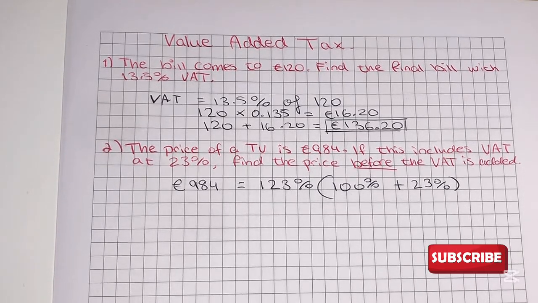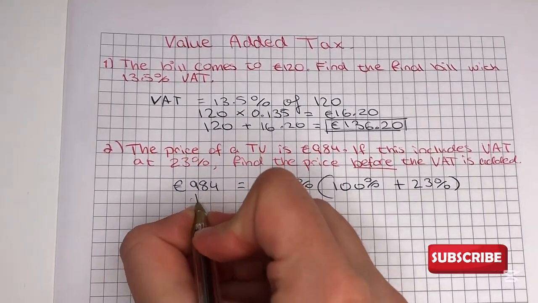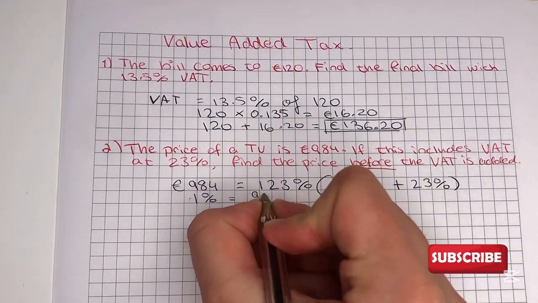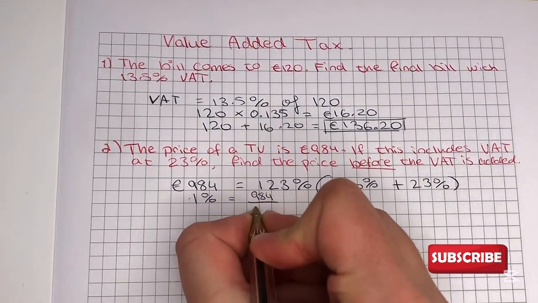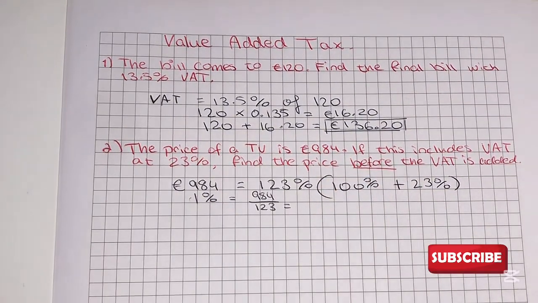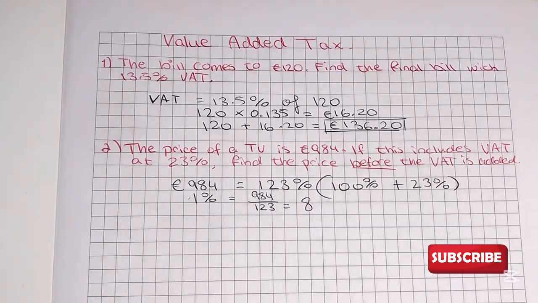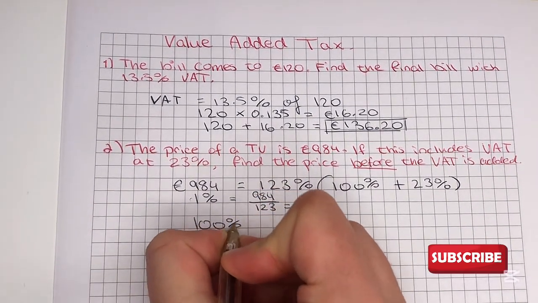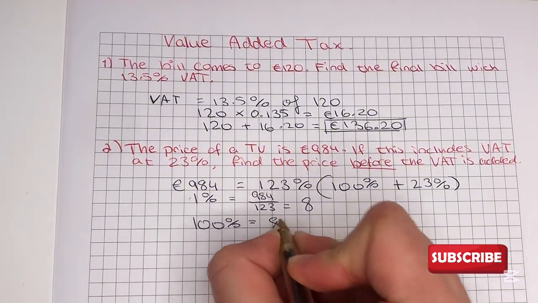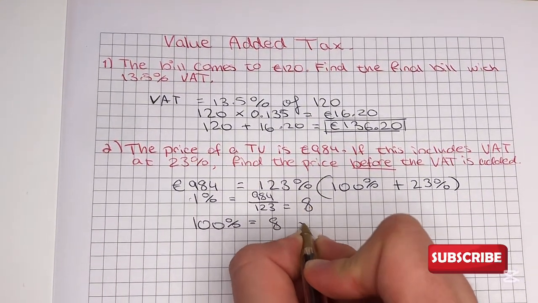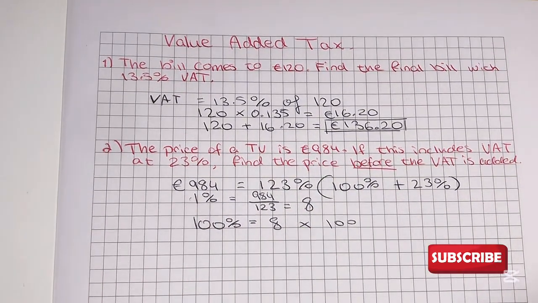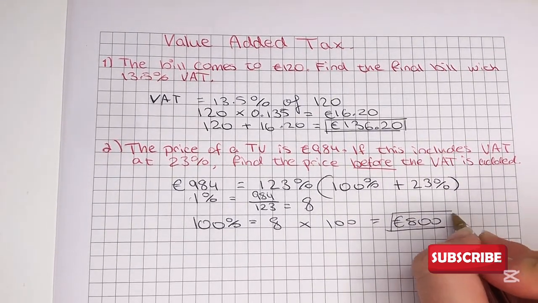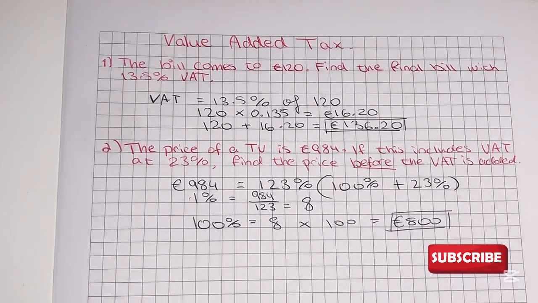So you have to find out 1%, and in order to do so, you have to do 984 divided by 123, which gives us the number 8. Now we can find 100%. All we do is 8, our answer from before, multiplied by 100, which gives us 800. And this is the amount before the tax.